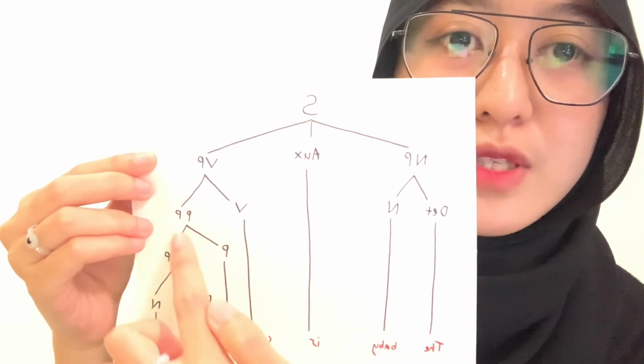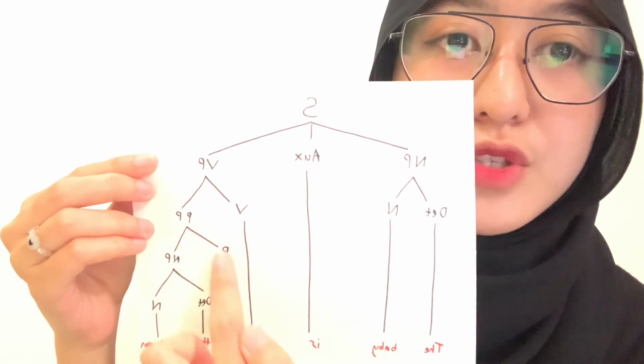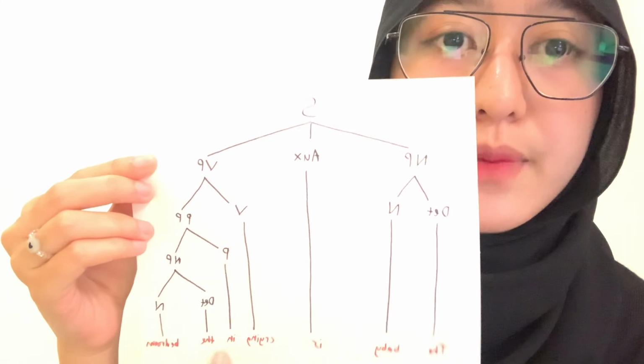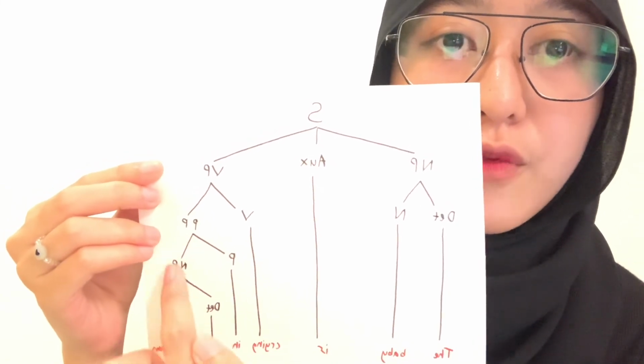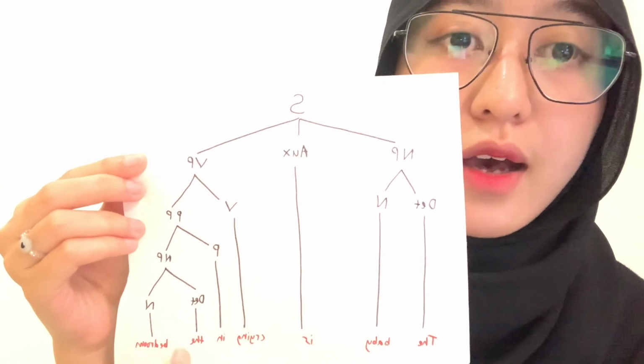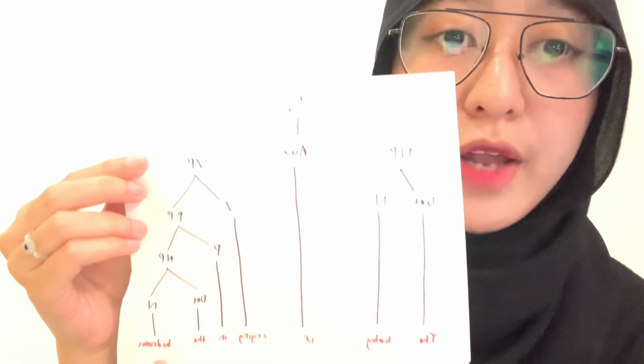And then the prepositional phrase we can divide into two parts: the preposition itself, in, and then the noun phrase, the bedroom. And the last one is the noun phrase. We can divide it into two parts: the determiner, the, and the noun, bedroom.